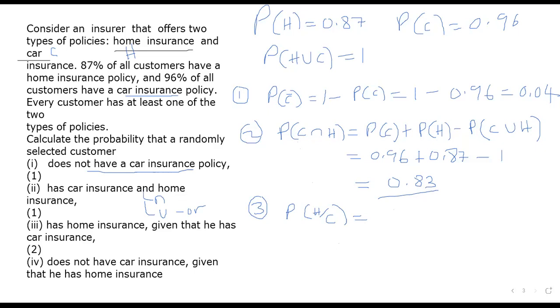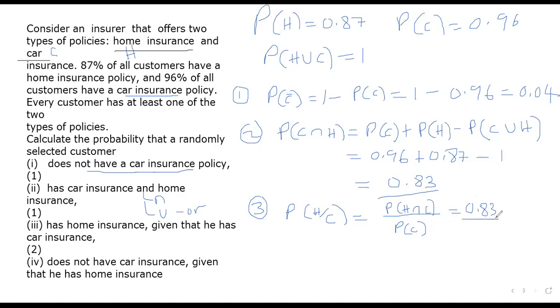We can expand it as the probability of H intersection C over the probability of C. So what is H intersection C? 0.83, same as C intersection H. So if you get this wrong, you also get this wrong.